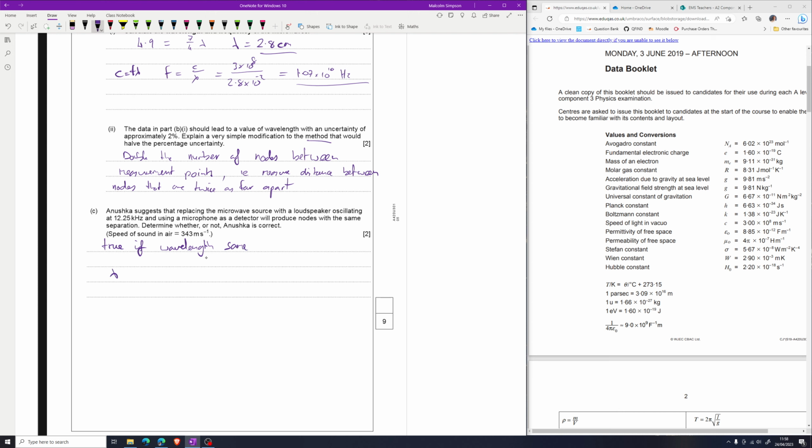So c equals f lambda, lambda is equal to c over f. 343 divided by 12.25, these are kilohertz, equals 0.028 meters, which equals 2.8 centimeters.